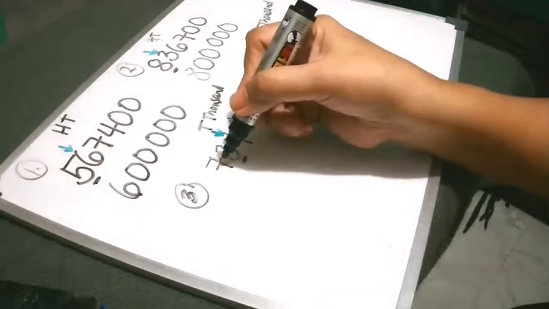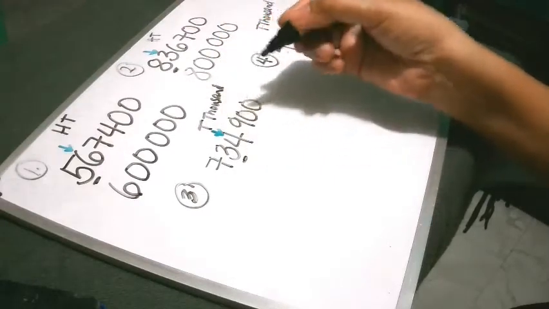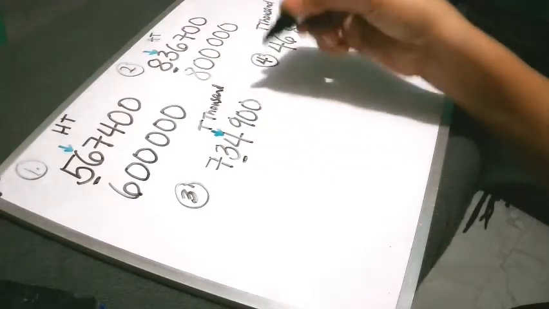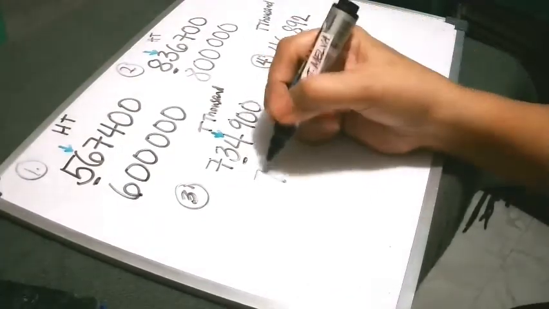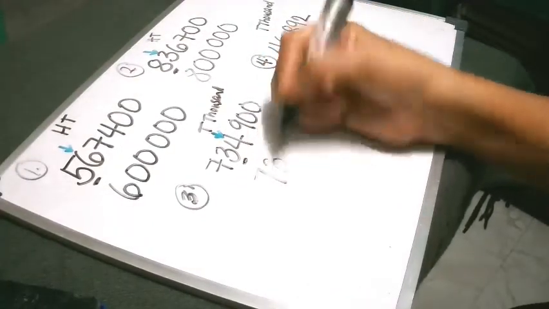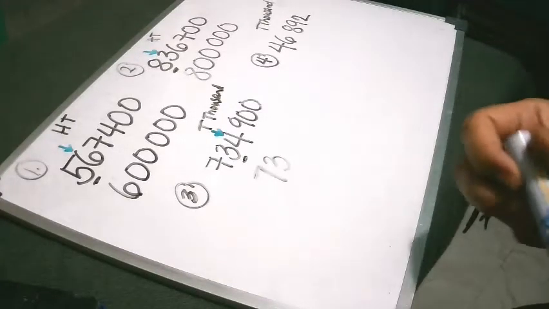We will not touch the 7 because we are asked the 10,000s place to round off to the nearest 10,000. So 7 remains 7. And 3 here remains 3. Why? Because the number to its right is 4.